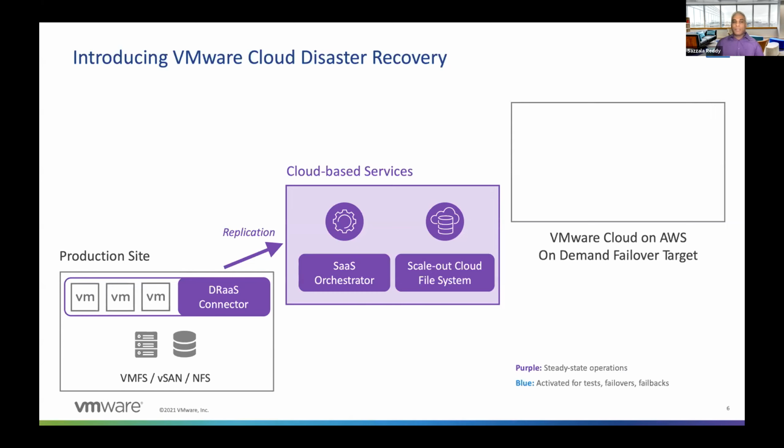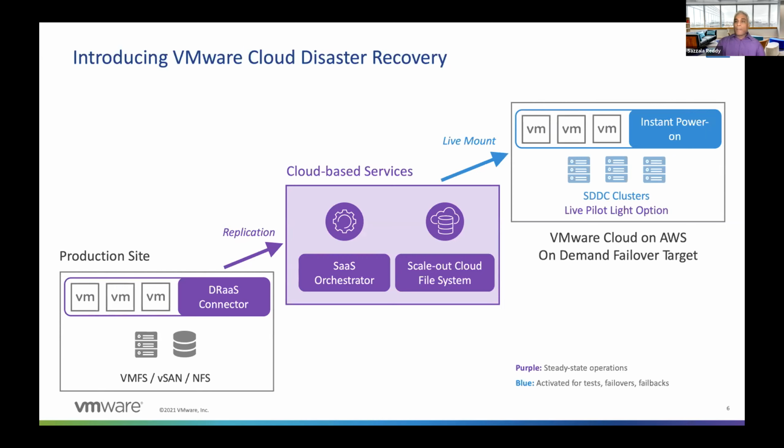Once you set up, there is continuous backup replication from the production side on-prem into the cloud, and we save all the data in our file system. So in steady state, it is low cost because our file system is able to use object storage in the cloud and keep it low cost. When you do have a disaster, you push a button in the SaaS orchestrator in the UI to fail over.